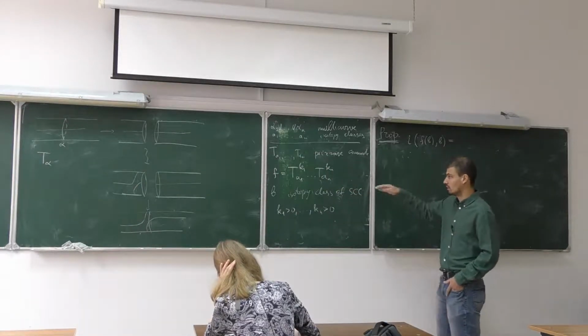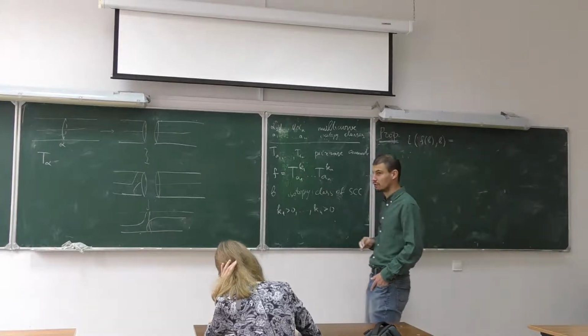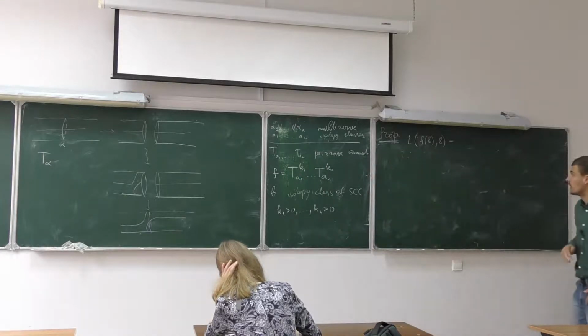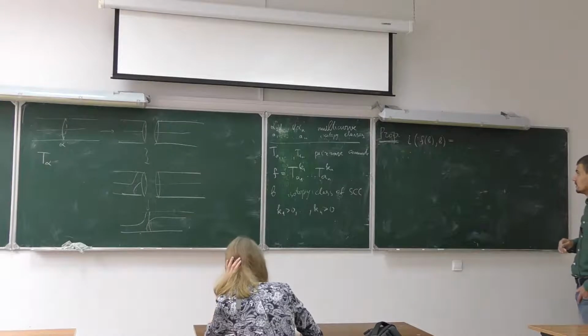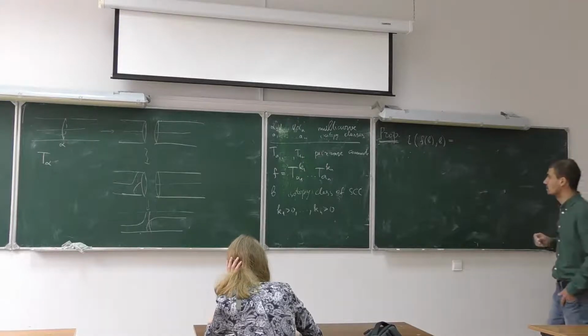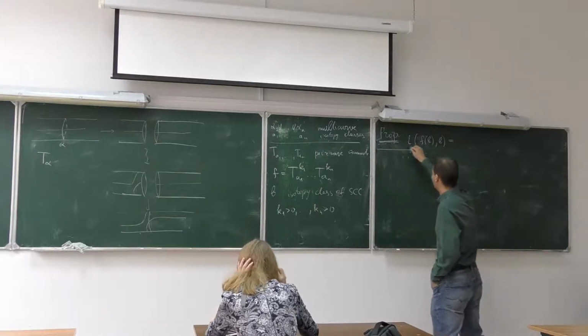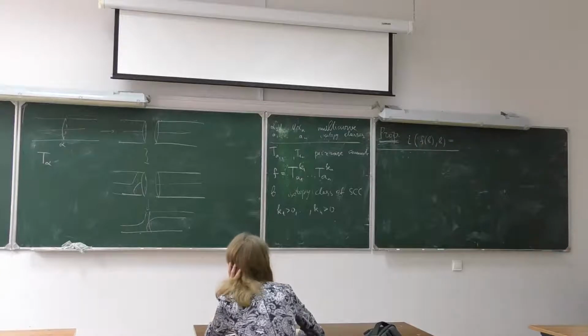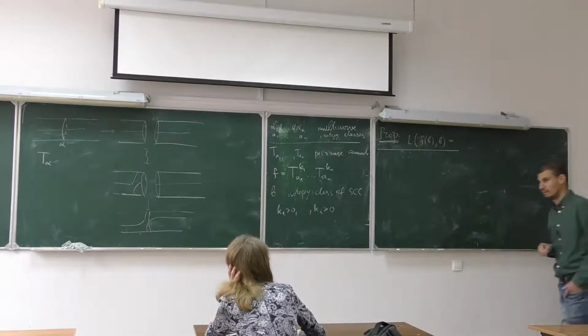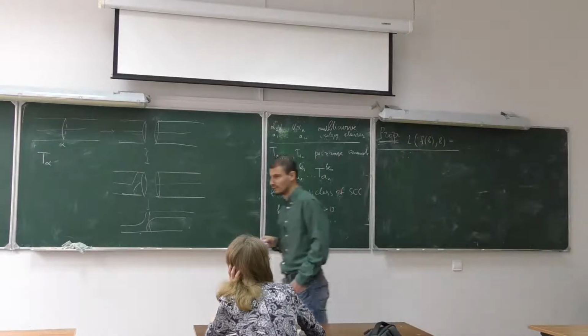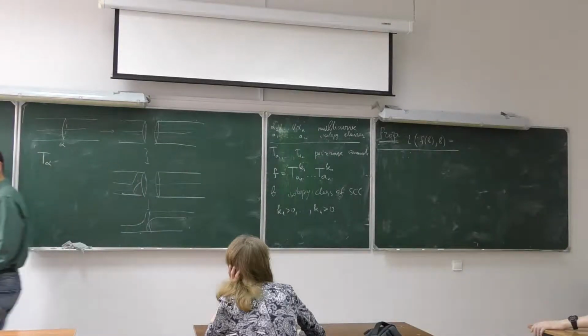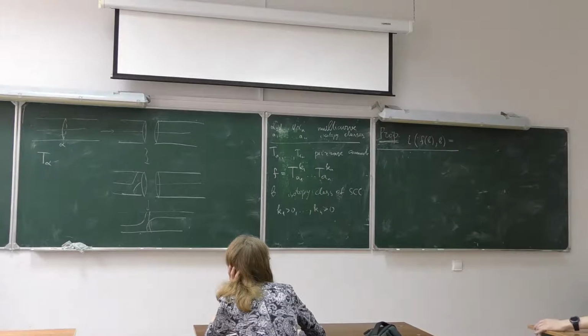So either all twists are positive or all twists are negative. Okay, I may write down the answer, but maybe it is better to consider it as a problem which we want to solve.